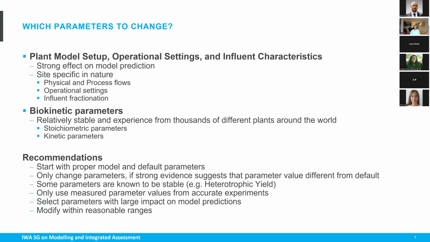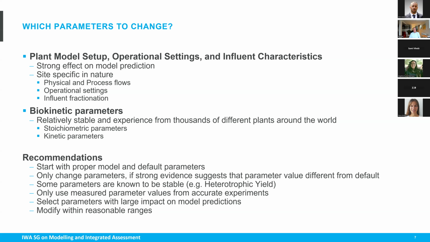So make sure that you have supporting data to justify that. Some parameters are known to be very stable, so don't touch them. Be very careful. That's a funny one. Typically you would say, oh, if there are experiments out there to measure biokinetic parameters, that's the coolest thing ever, right? And at times you have to, right? But be very, very careful.